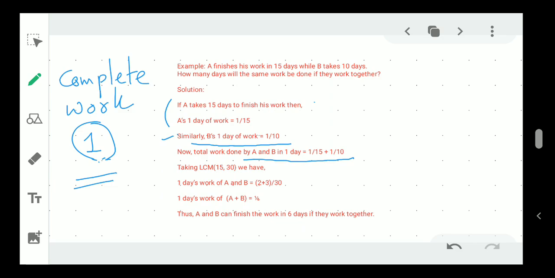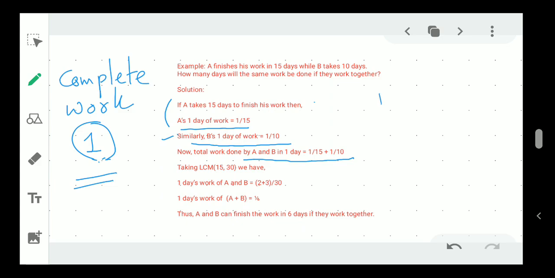So in 1 day how much can we both eat? We both can eat 5 plus 3, that is 8 chocolates. In such a way, in 1 day A and B both will be doing 1 by 15, that is the 1 day work of A, and 1 by 10, that is the 1 day work of B. So in 1 day total this much will be done.